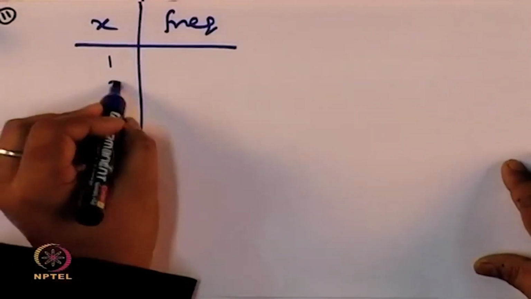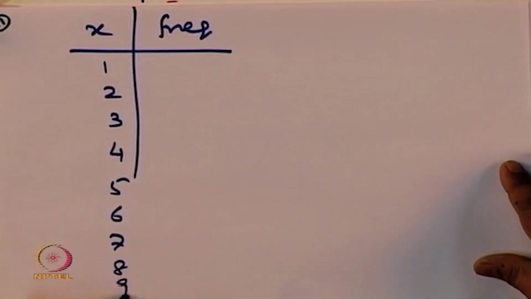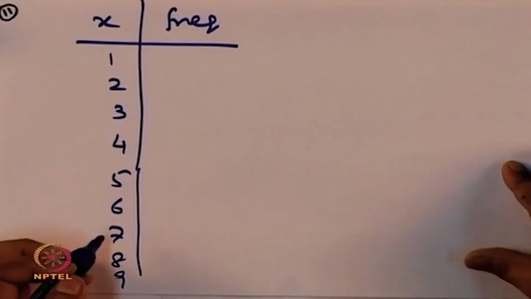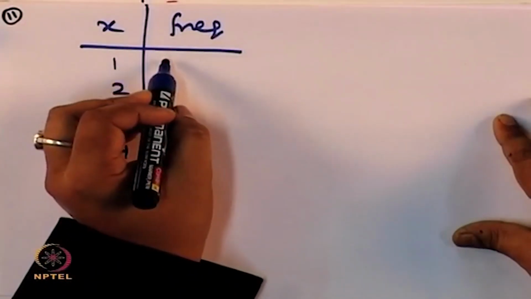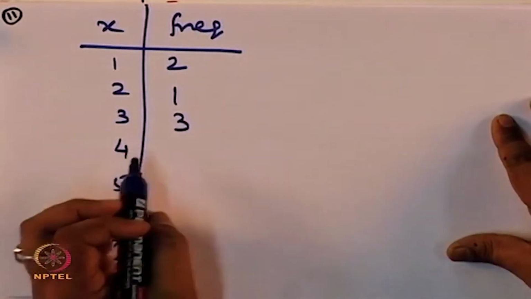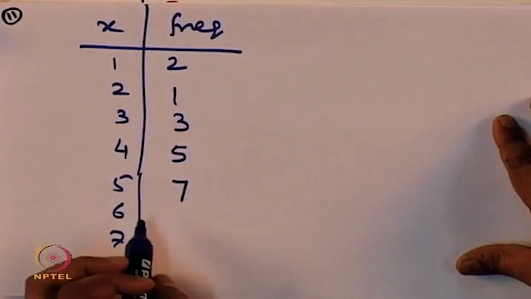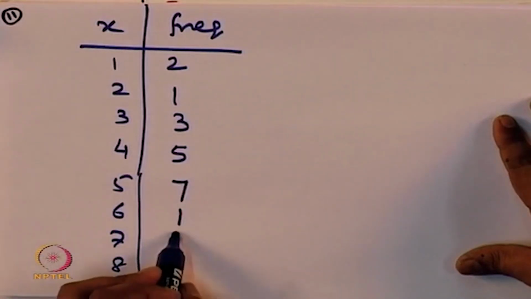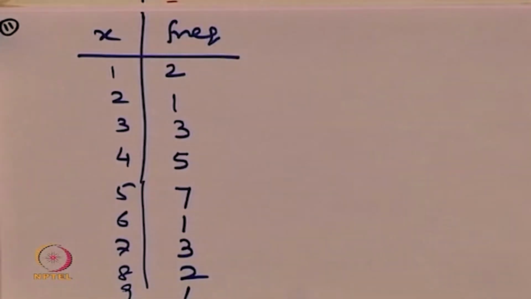You have values of 1, 2, 3, 4, 5, 6, 7, 8, 9. Value 1 occurs 2 times, 2 occurs 1 time, 3 occurs 3 times, 4 occurs 5 times, 5 occurs 7 times, 6 occurs 1 time, 7 occurs 3 times, 8 occurs 2 times, and 9 occurs 1 time.